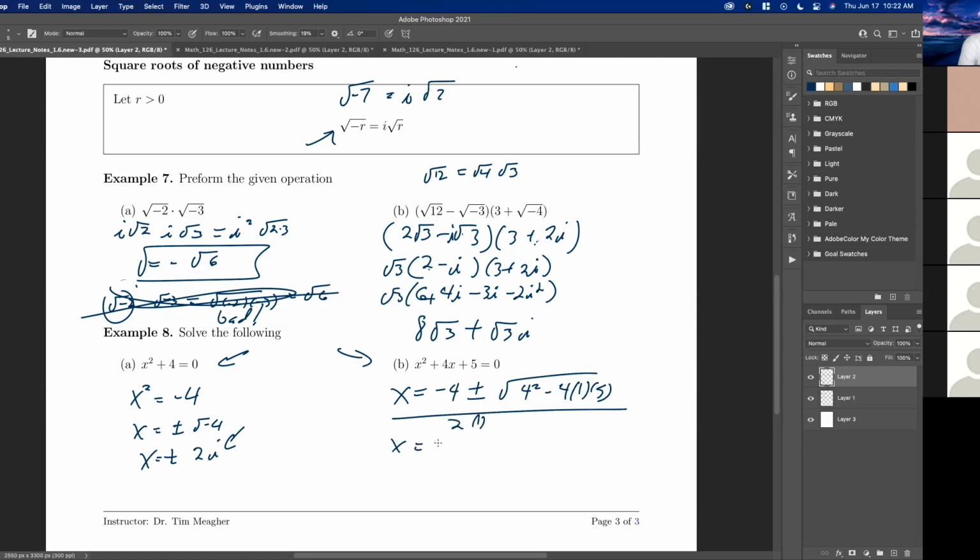So if I simplify that out, I get minus 4 plus or minus the square root of 16 minus 20, all over 2. So x is equal to minus 4 plus or minus 2i, all over 2, or negative 2 plus or minus i. Okay. Past the end of these notes.